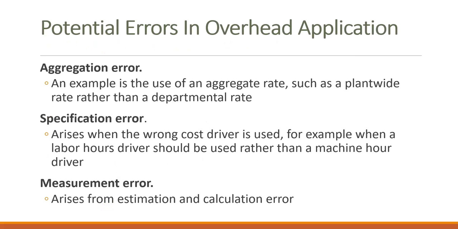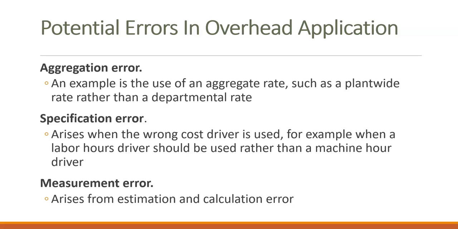We have potential errors in overhead application. One example of the error is if we have a plant-wide rate rather than a departmental rate. This error can occur because we have different usages across our departments of overhead. So a plant-wide rate is not the best rate to use in that situation.